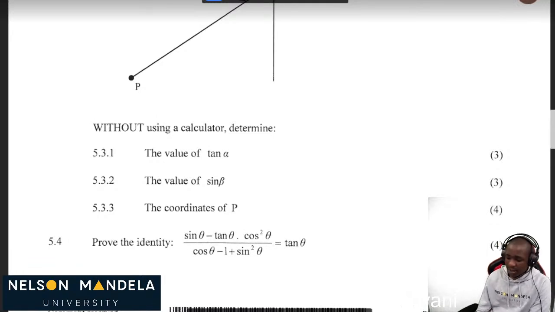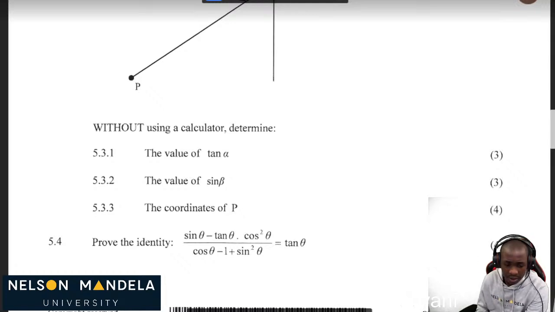So now let's do the last one, which is 5.4. They told us to prove that sine of theta minus tan theta times cos squared of theta, all over cos theta minus 1 plus sine squared of theta, is equal to tan theta.